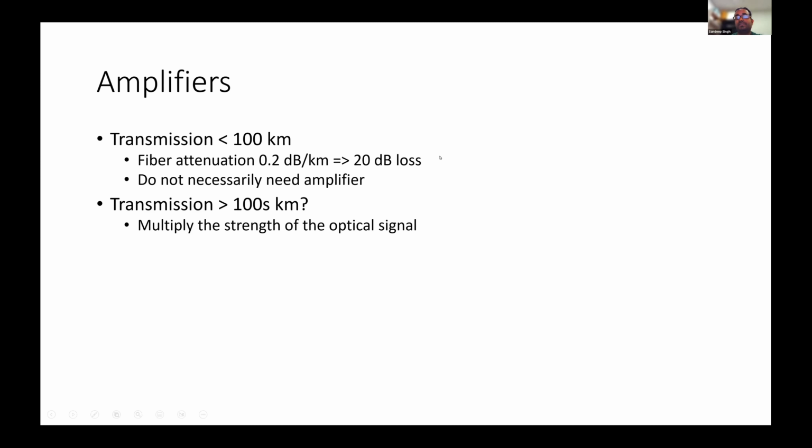If the transmit power is 0 dBm, the receive power will be minus 20 dBm. And if the receiver sensitivity is below minus 20 dBm, then we will be able to detect the signal, so we will not need the optical amplifier. But if the transmission distance is more than hundreds of kilometers, then we will need multiple of these optical amplifiers to strengthen the signal.